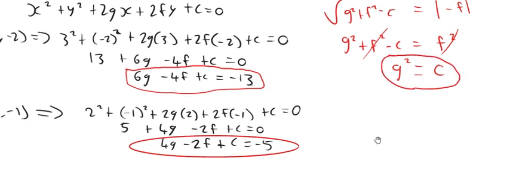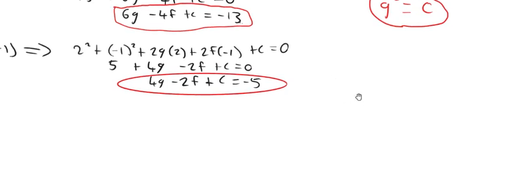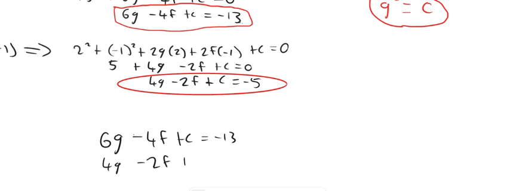Because this equation has g squared is equal to c in it, it's an equation with just g and c, so I'm going to remove the f basically. So I'm going to write out the other two equations down here. So 6g minus 4f plus c is equal to minus 13, and 4g minus 2f plus c is equal to minus 5.